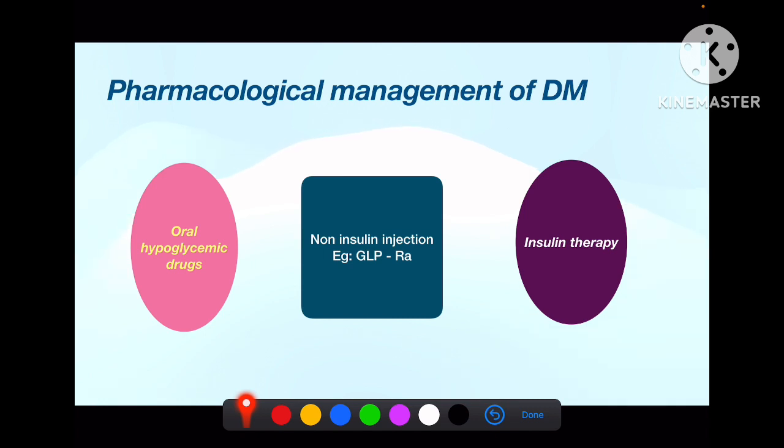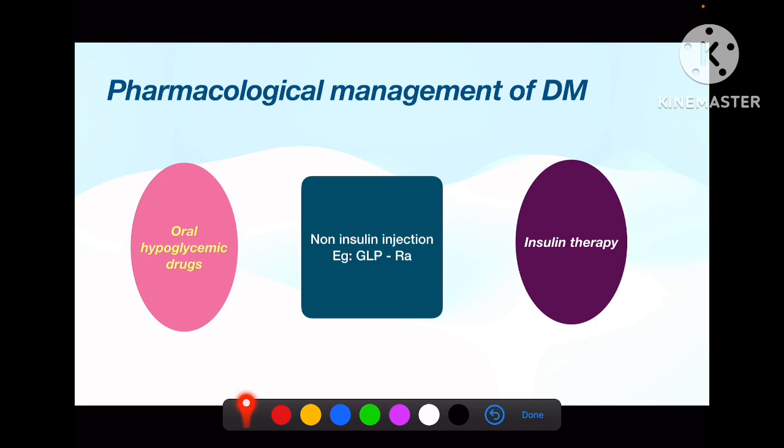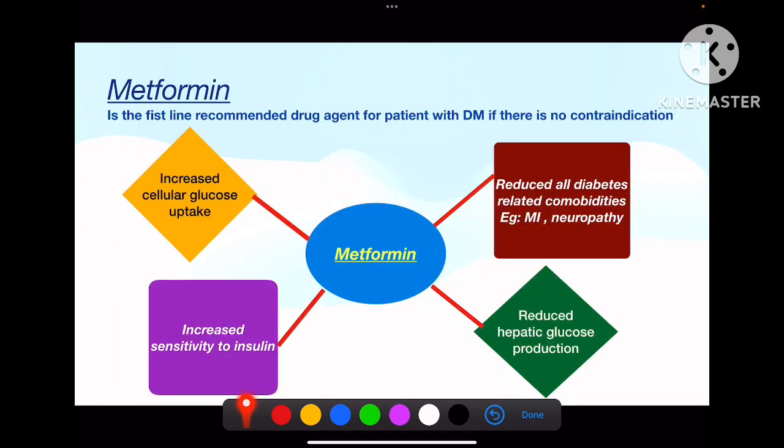That one is, we can say, non-insulin injections like glucagon-like peptide receptor agonists, right? And the other one is insulin therapy, right?